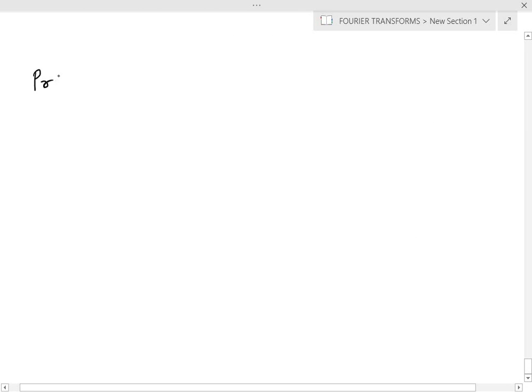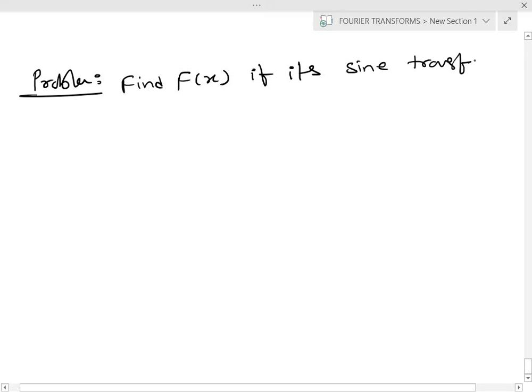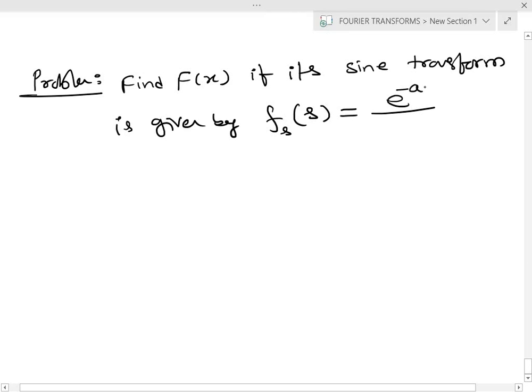Find f of x if its sine transformation is given by e power minus as divided by s.